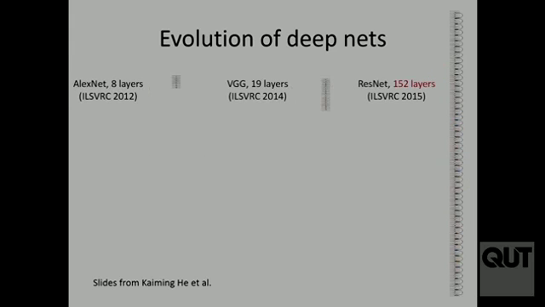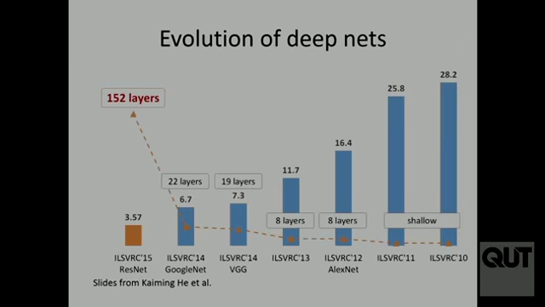Then very recently, Microsoft Research came out with a structure called residual nets. I can really recommend that paper. It's really impressive. They get state-of-the-art on every single semantic computer vision task out there. Some of their networks are up to 1,000 layers. So it's pretty cool, I think.